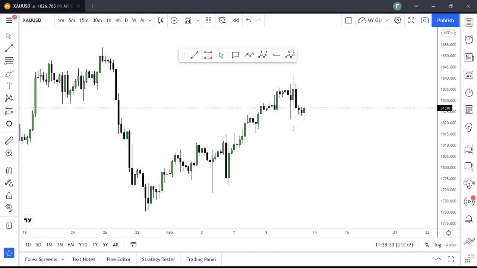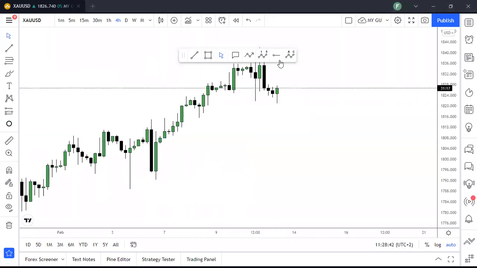Another example that we could even look at is this candlestick right here. Let me enlarge the chart. If we look at this pin bar right here, now this is a bearish pin bar, but it's at a low. If it's a bearish pin bar, it had higher chances of pushing price lower.